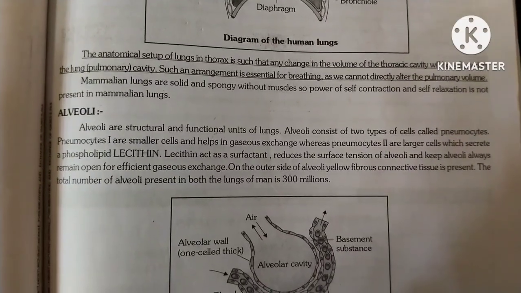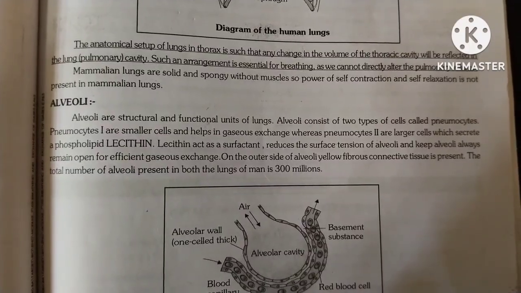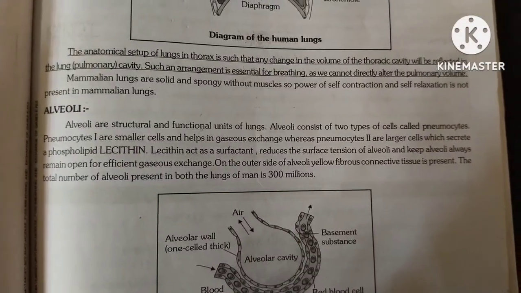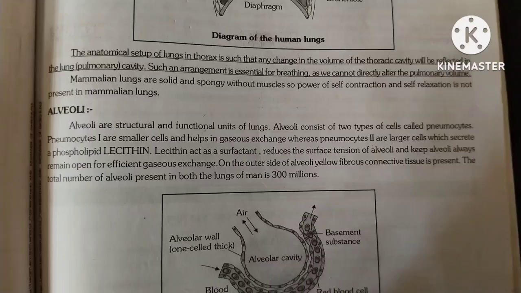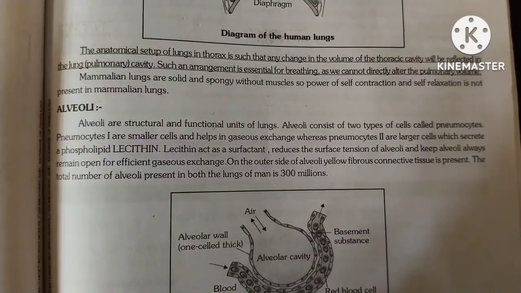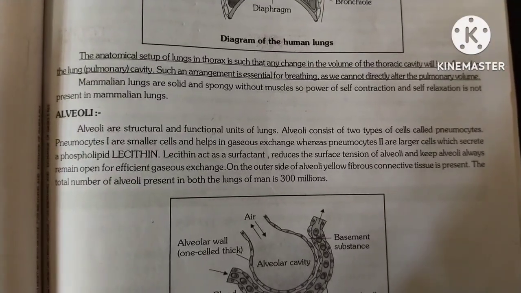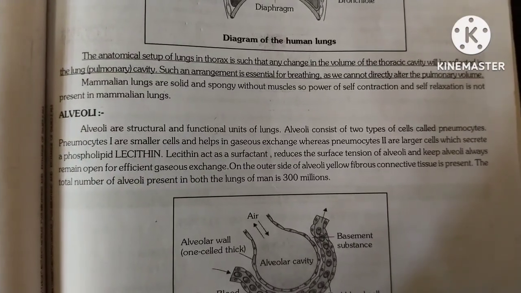Alveoli. Alveoli are the structural and functional unit of lungs. Alveoli consist of two types of cells called pneumocytes. Pneumocytes first are smaller cells and help in gaseous exchange, whereas pneumocytes second are larger cells which secrete the phospholipid lecithin.